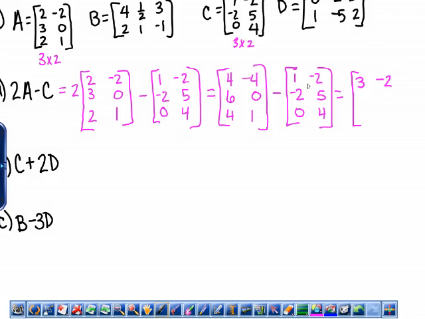So negative 4 plus 2 is negative 2. 6 minus negative 2. 8. 0 minus 5. 4 minus 0. And 1 minus 4. Did I write this down wrong? Yep, sorry, you're right. That should be a 2. Thank you. So negative 2. Okay? This is your answer. That matrix is your answer.